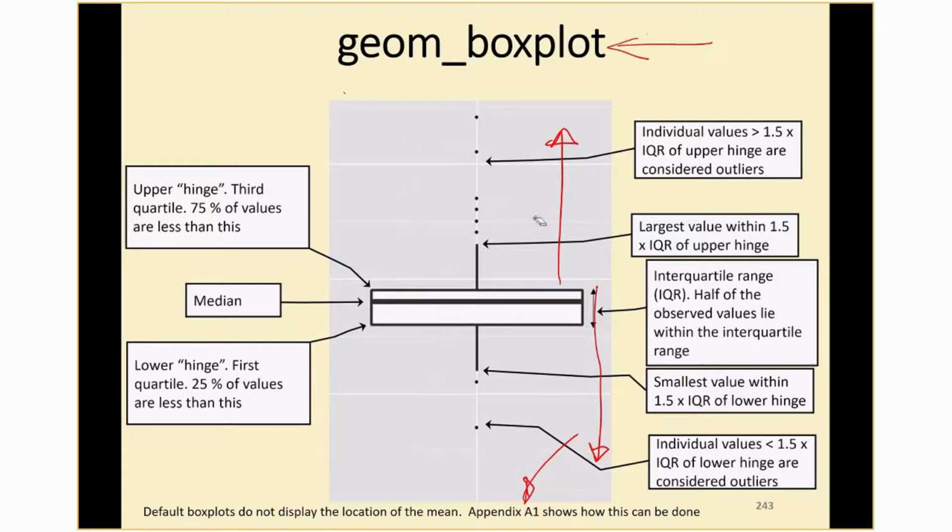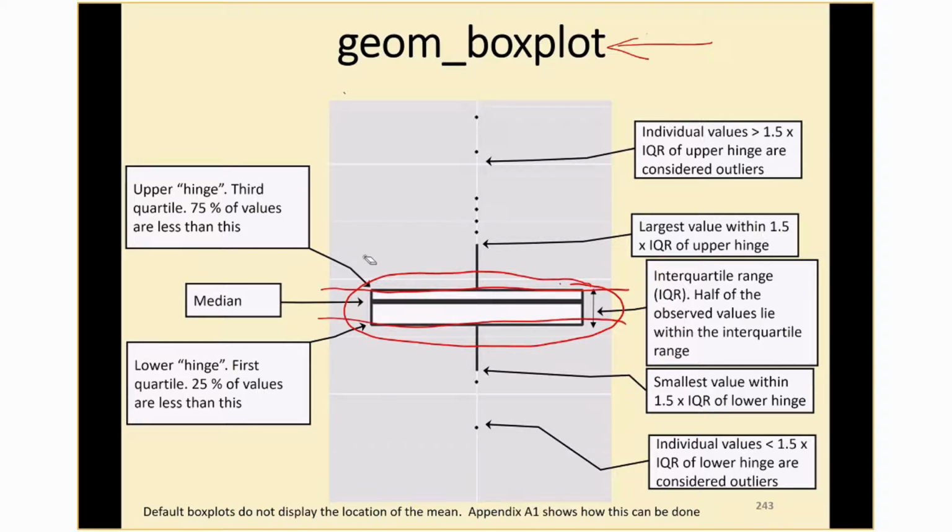If you think about those two bits of information together, 50% of the values of city mileage in the data frame mpg would lie within this box, between the upper and the lower hinges. We've also got these things that are known as whiskers. There's one whisker and there's another whisker, and the length is defined as the largest value within 1.5 times the interquartile range of the upper hinge.